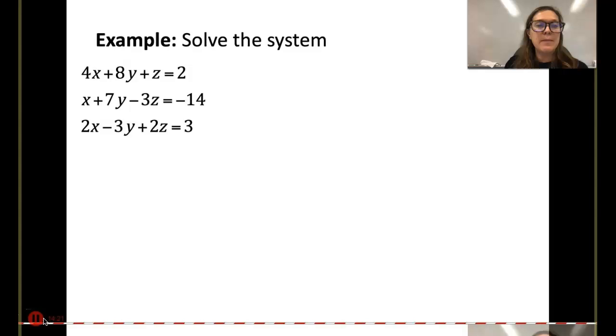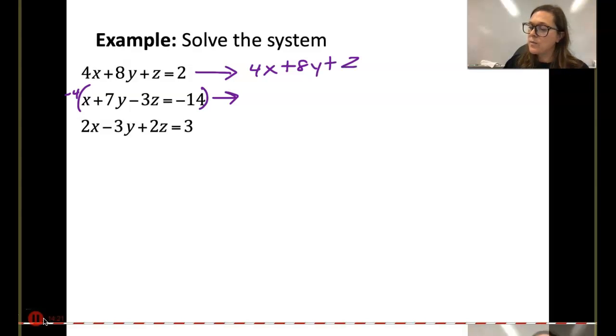Nothing looks like it's eliminating right away. So now we can make the choice of what we want to eliminate. I'm going to go with x's just because they're first, and 4 and 2 and 1 are pretty nice numbers to work with. So if I wanted to get my top two lines to eliminate, I would need to multiply my second line by -4. So my first stays 4x plus y plus z equals 2.